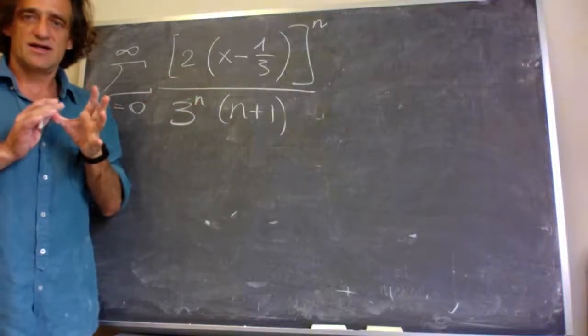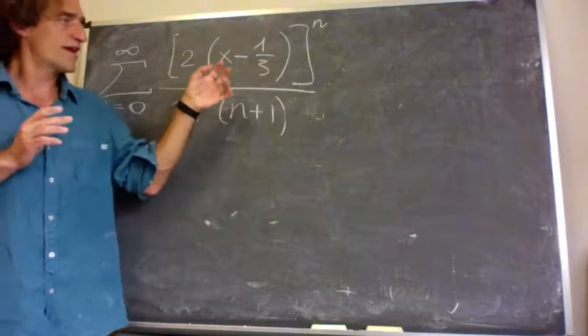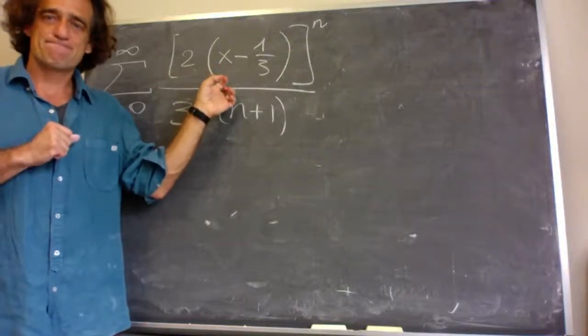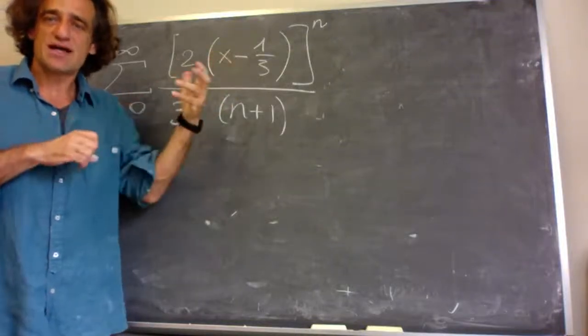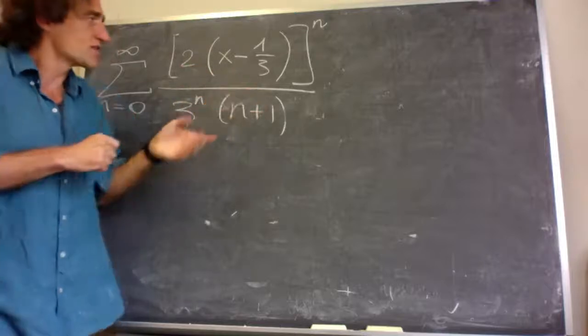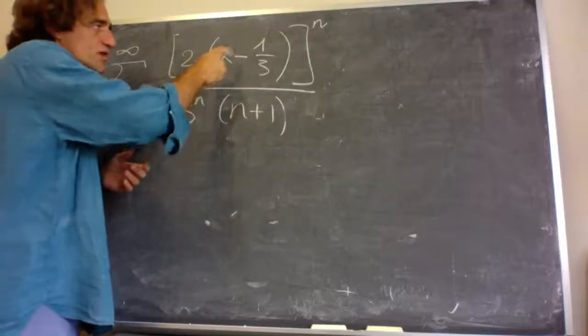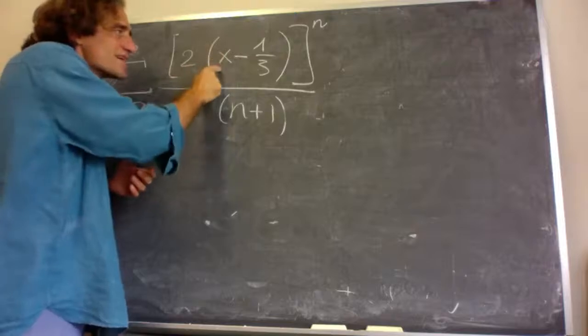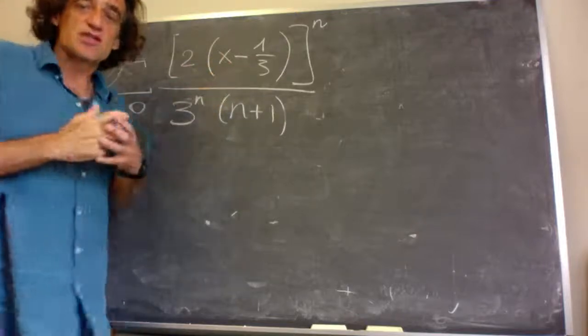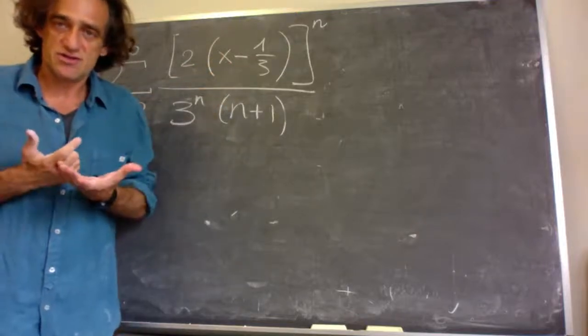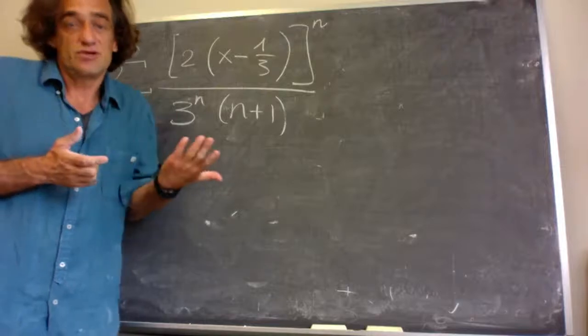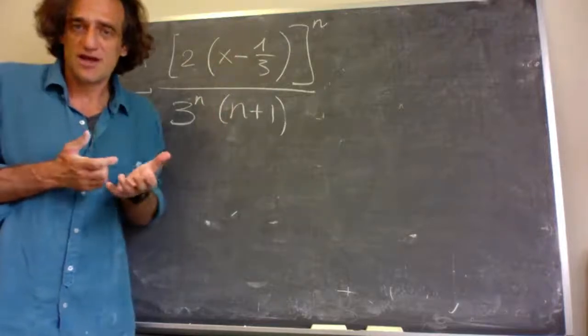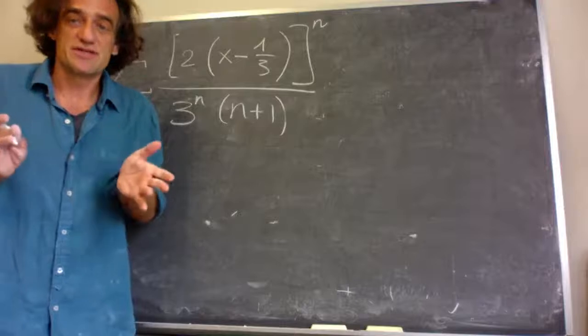Immediately, you must observe that it is not of the type x to the n. It is a power series because there is a power n, but it is not really x, it is x minus 1/3. So it is not centered at 0. It is centered at another point, which is 1/3. So it is not a Maclaurin series, so to say.